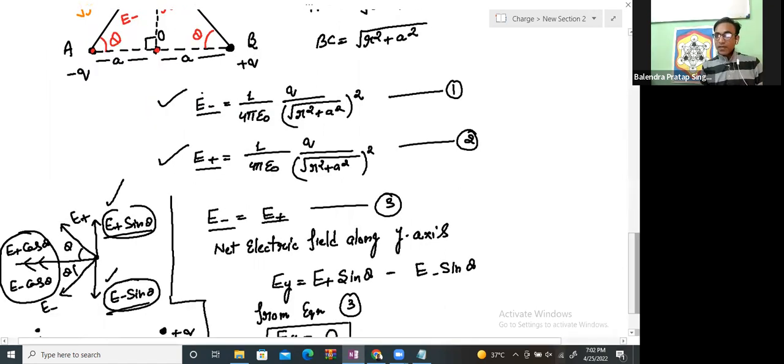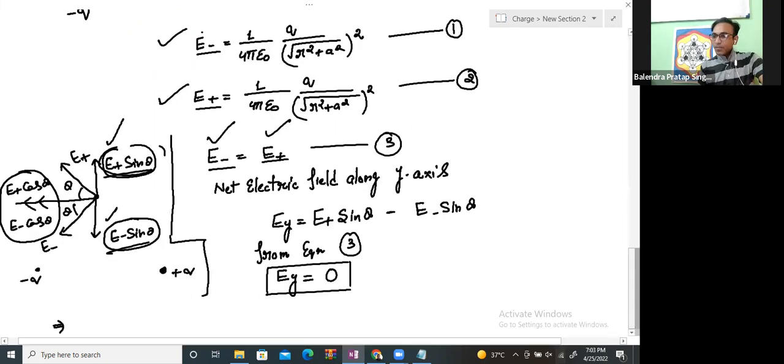This is your E plus sine theta and E minus sine theta, and the magnitude of E plus is equal to E minus. So that's why the electric field gets cancelled out. Is it clear? Abdul Rahman, is it clear? E plus is equal to E minus in magnitude, not in direction.